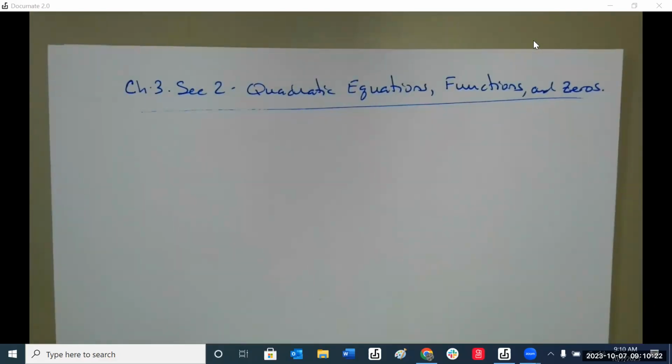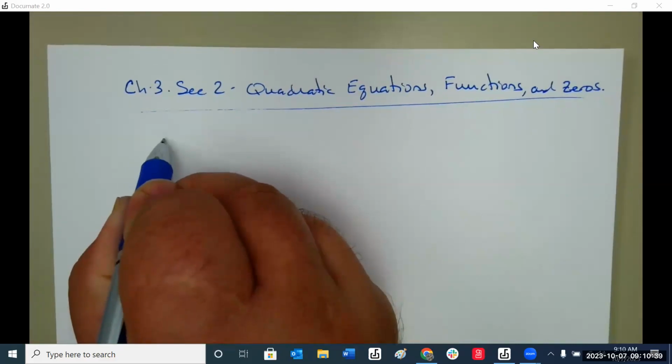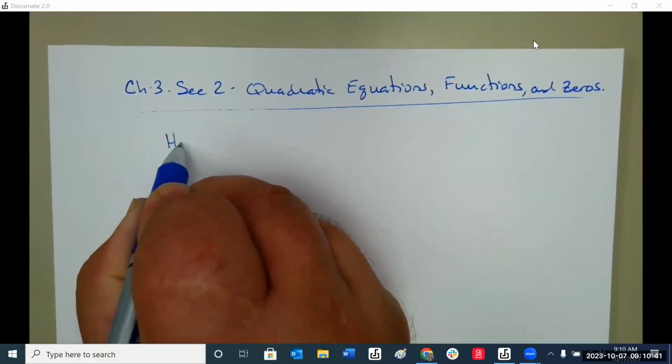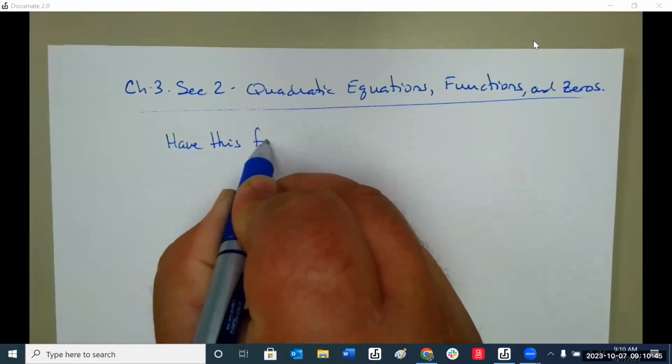The reason we talked about complex numbers before this one is because to solve quadratic equations, a lot of times we use square roots. And so if we have a negative square root, we know it's imaginary. Quadratic equations have this form.